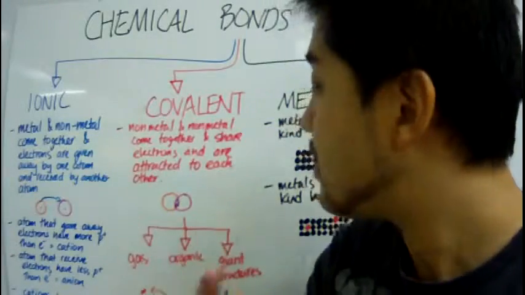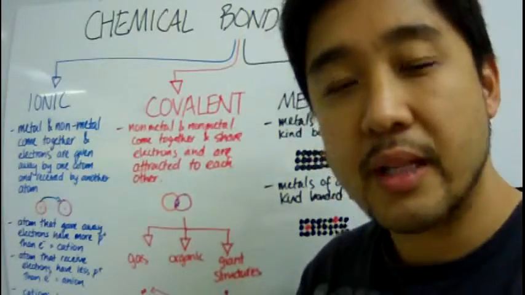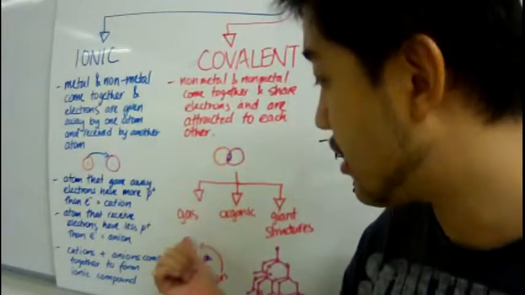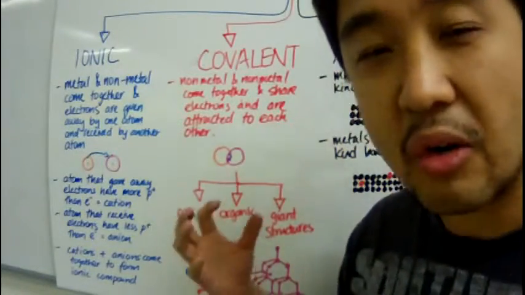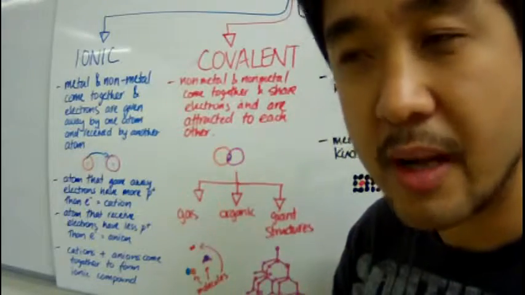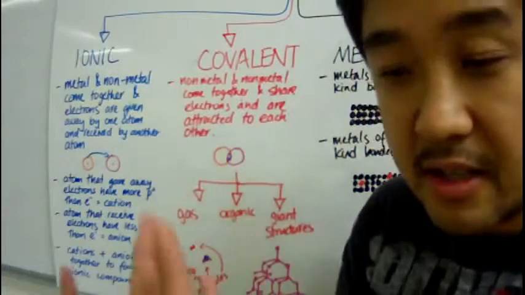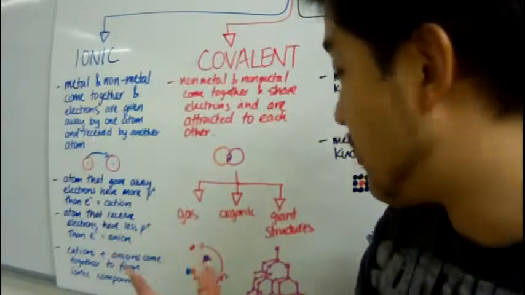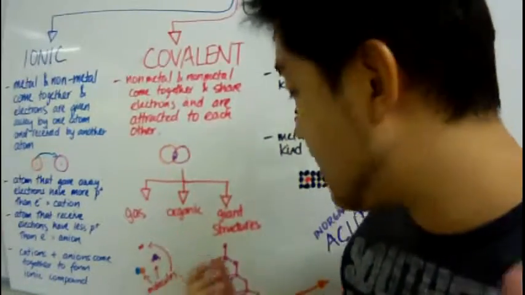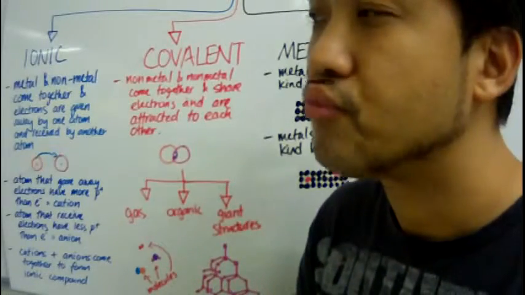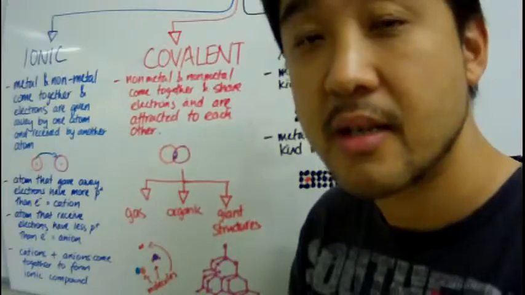All right. Now, there are three different types of covalent compounds. There are the gaseous covalent compounds. There are the organic covalent compounds, or the organic chemicals. All right. These are the things that make all of us. And then there are the giant structures like diamonds and graphite, right?